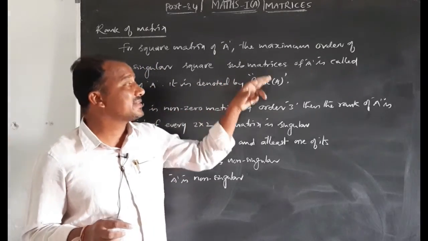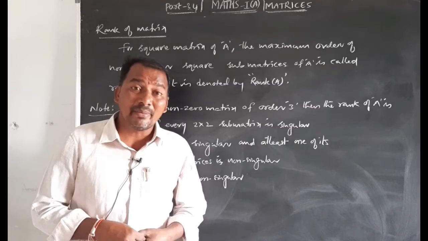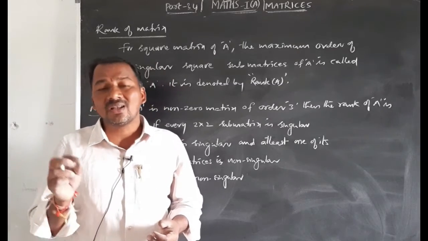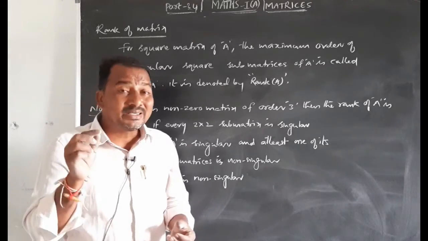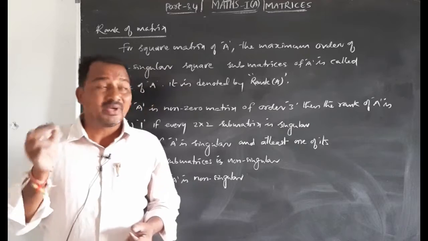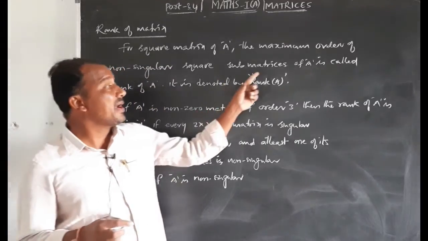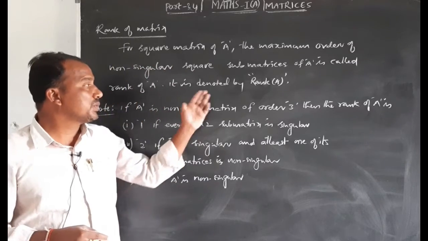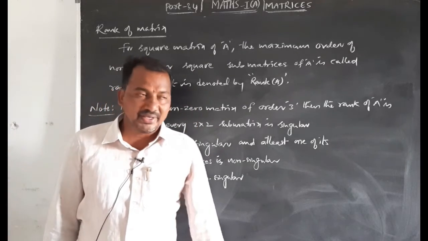A submatrix means a matrix obtained by deleting some rows or columns or both from the given matrix. The maximum order of non-singular submatrices of A is called the rank of the matrix. It is denoted by rank of A.